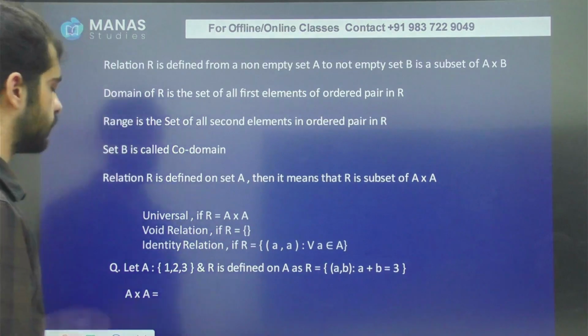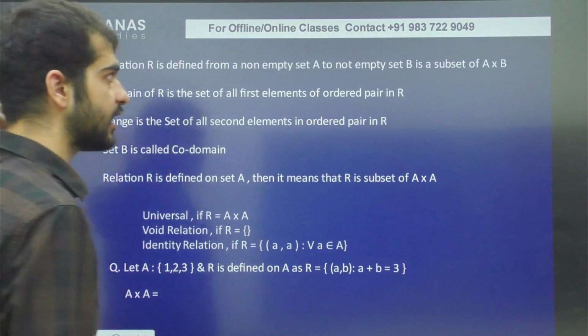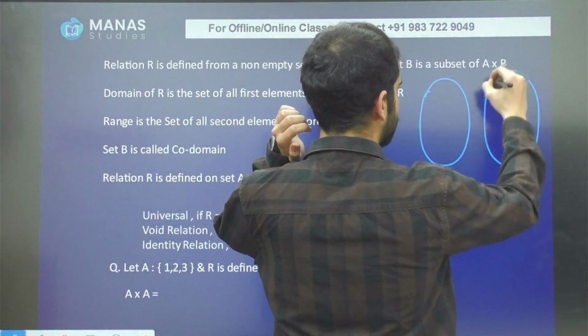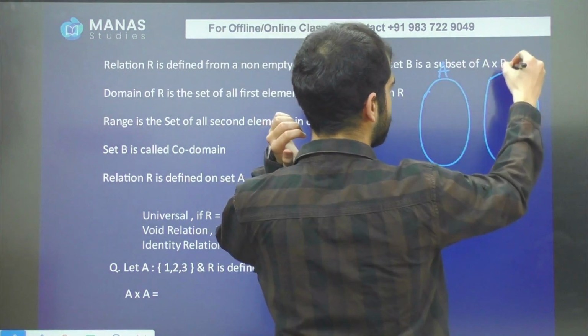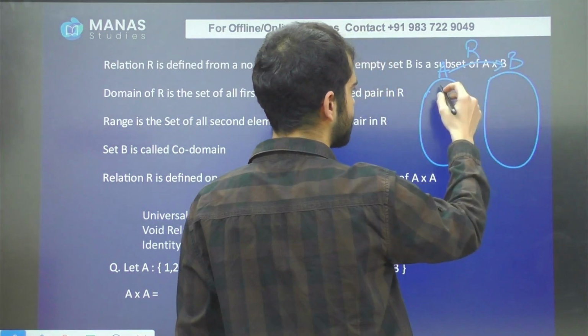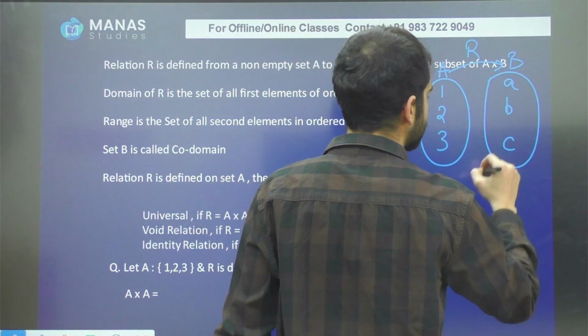Now we have certain important points. A relation R defined from a non-empty set A to a non-empty set B is a subset of A cross B. Now let's say that we have two sets, one is A and the other is B. A relation is going to be defined from set A to set B. Let's say the set A has three elements 1, 2, 3 and B has three elements a, b, c.